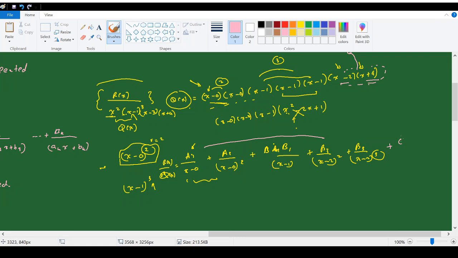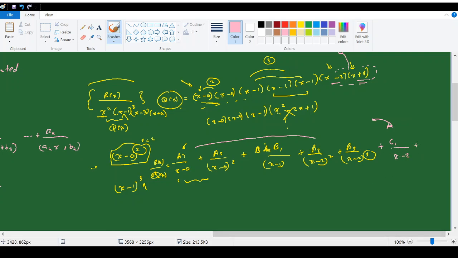Here also you should not write down a variable name that you have used before. So we'll start with c1, and this will be c1 over x minus 2 plus c2 over x plus 4. So altogether it forms the partial fraction of Rx divided by Qx.